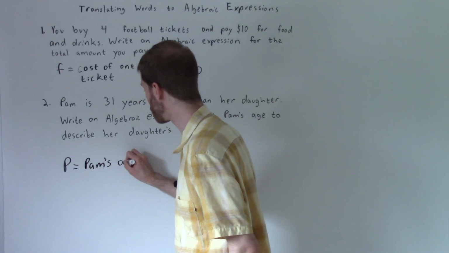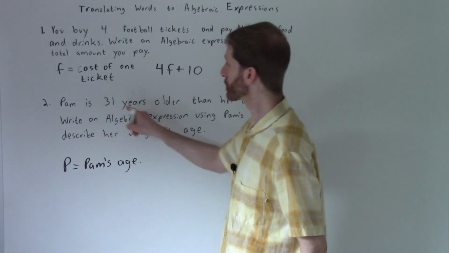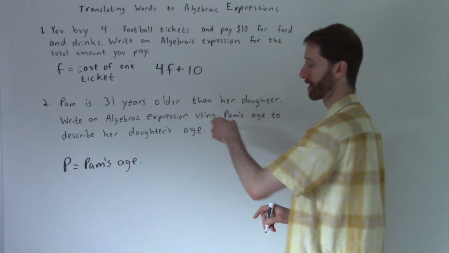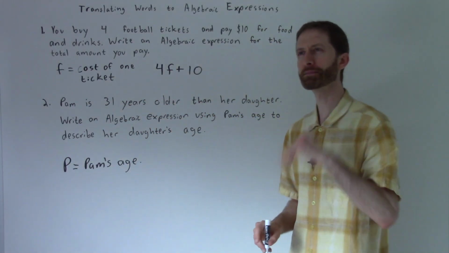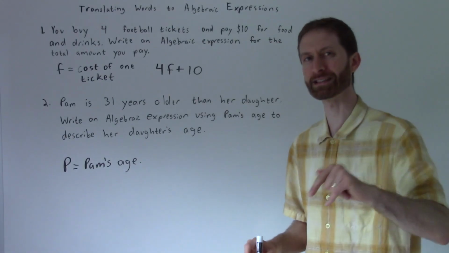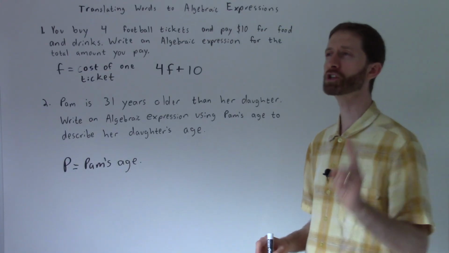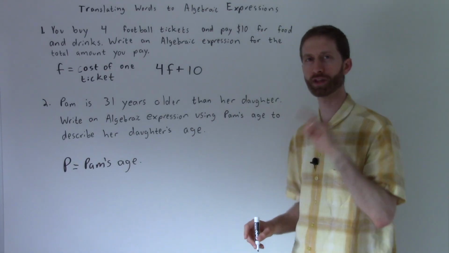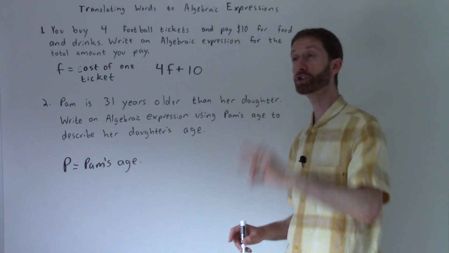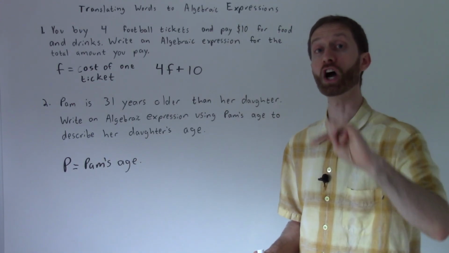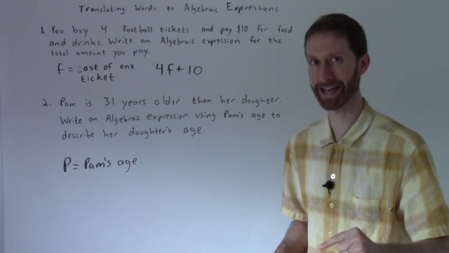Now here's the challenge. The way this is written, you would think that you would do P plus 31, right? But that doesn't make sense because Pam is 31 years older than her daughter, right? If she's 31 years older than her daughter, then her daughter, flip it around, is 31 years younger or less than Pam.